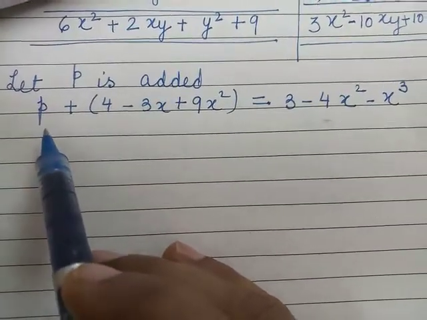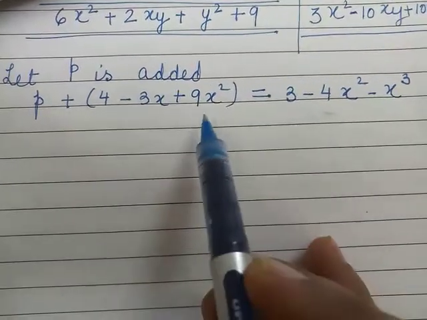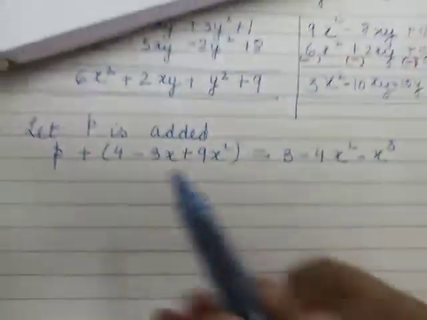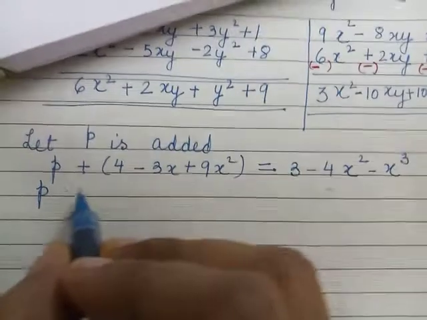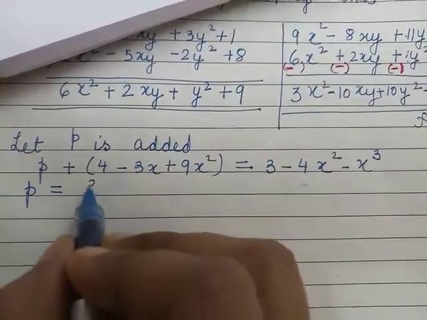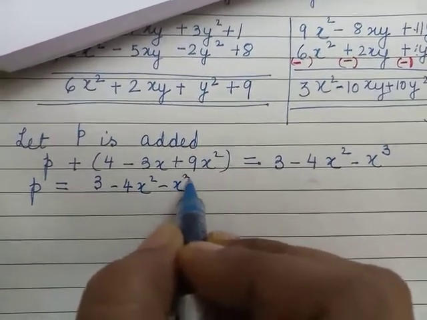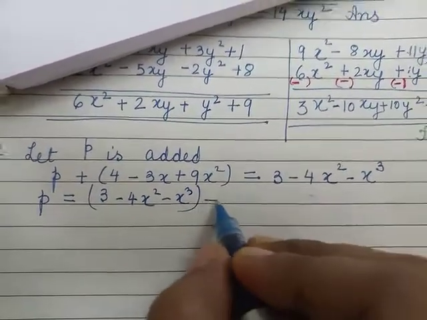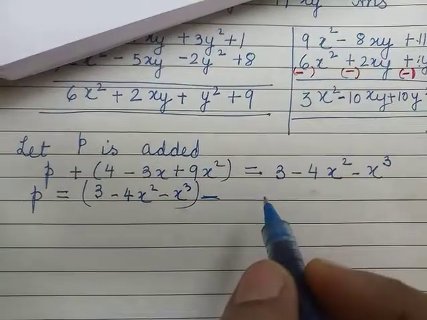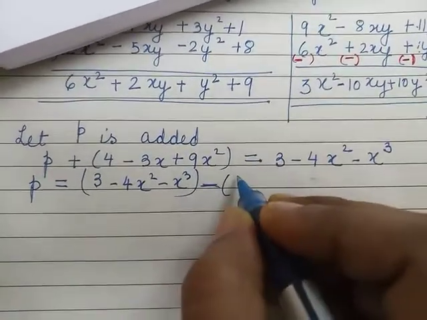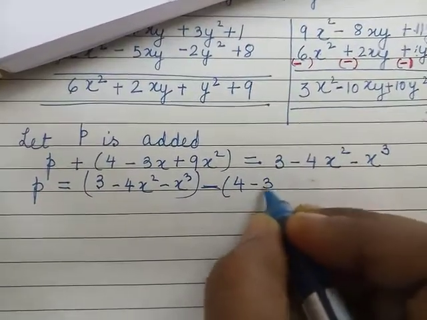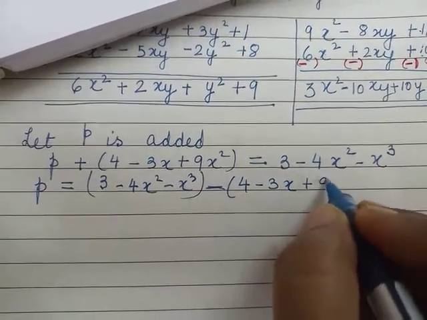For getting the value of p, we transpose this term to the right side. So let's see how we transpose. p is equal to 3 minus 4x square minus x cube. Now this is plus. On transposing to that side, it will become minus, 4 minus 3x plus 9x square.